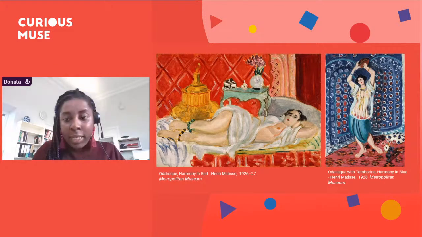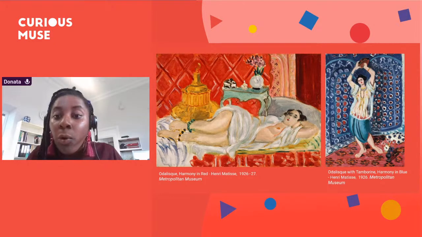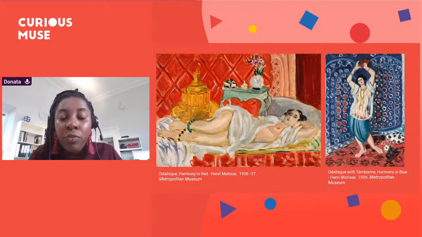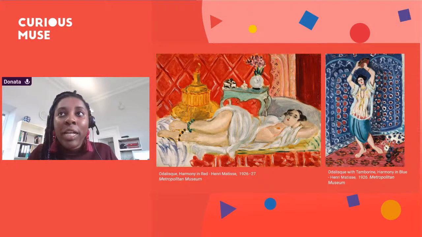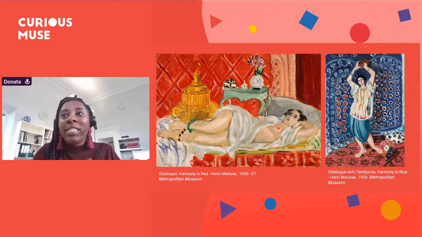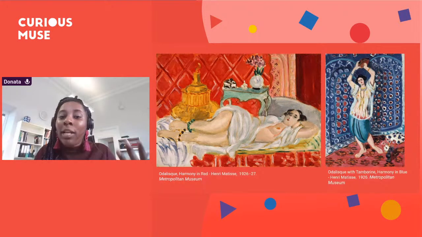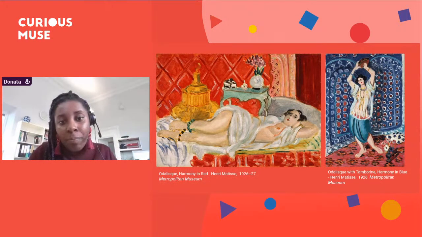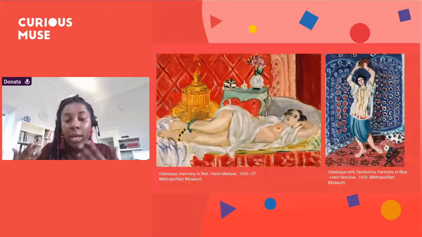Odalisque means servant, or maid. The word comes from maid. So it's not the name of the woman, but it's showing maybe the type of woman in this portrait. And we see these languishing women, women laying down, and the opulence, and it's got that feel of Turkey and countries like that where people were looking for an oriental, Orient experience when they visited there.